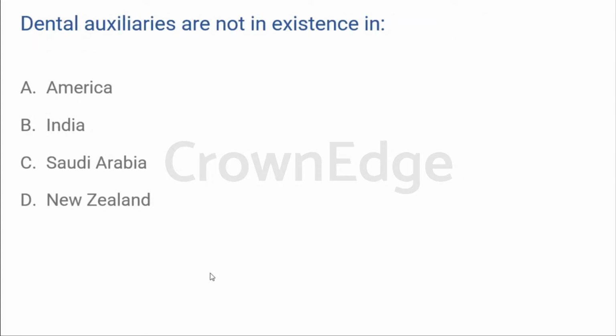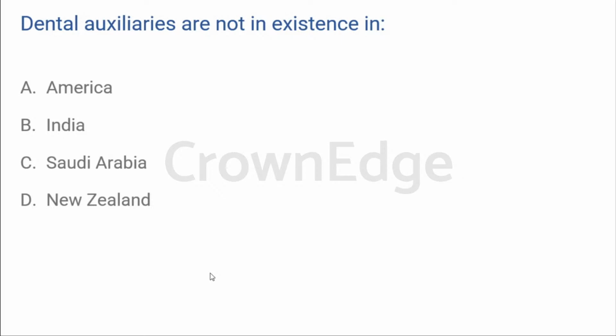Now, in which of these countries do you, as such, not find dental auxiliaries? Is it in the US? Is it in India? Is it in Saudi Arabia or New Zealand? See, the United States does allow for quite a few dental auxiliaries to practice.